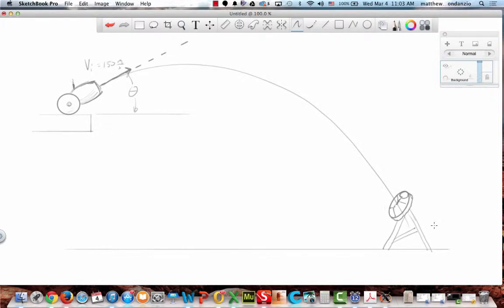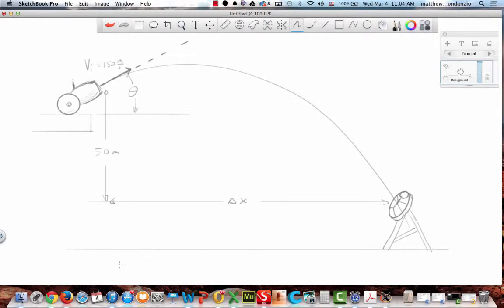If the height from the cannon's release to the center of the target is 50 meters, what I'd like you to tell me is delta x from the firing point to the target.